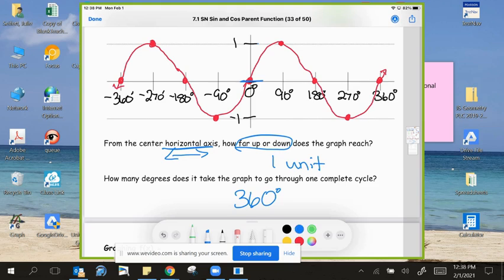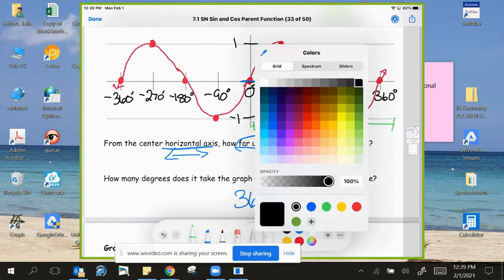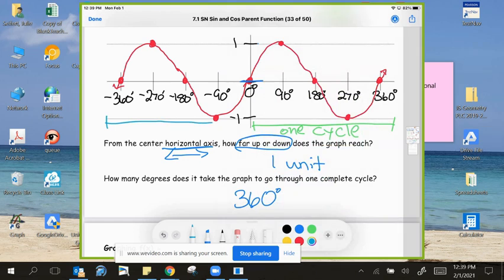From 0, we started at 0. Sine of 0 is 0. It went up, went back down all the way through to negative, and came back up to positive. So this is 1 cycle, 360 degrees. Then the other cycle, negative 360 to 0, is 1 cycle.